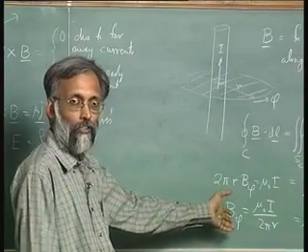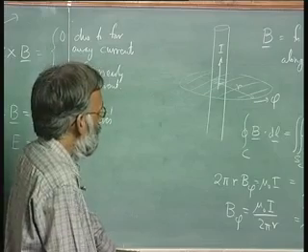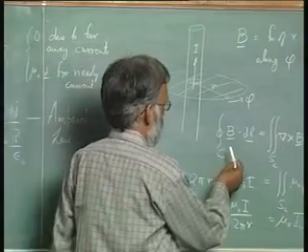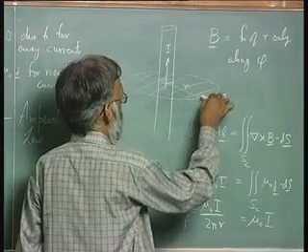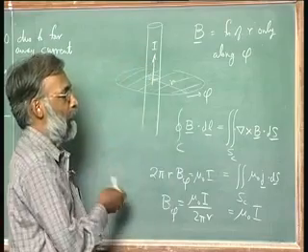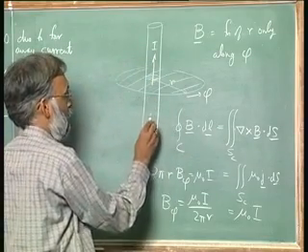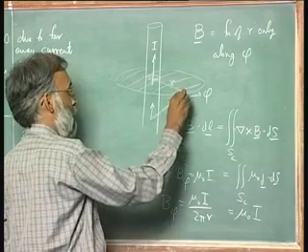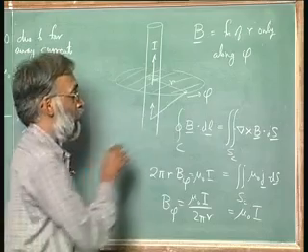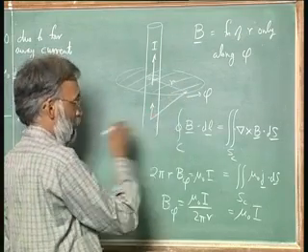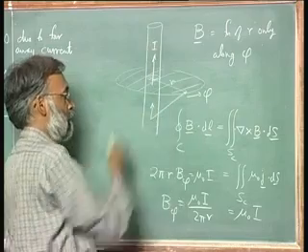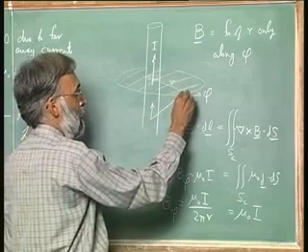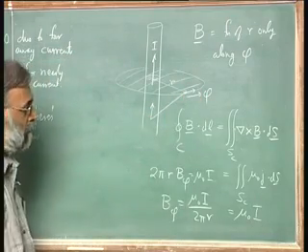I am sure you have done it in your electricity and magnetism, but let us see what we did to get there. First, we said the magnetic field is symmetric in phi. Secondly, we said because the current is in the z direction, the line connecting the point and the wire is in the RZ plane. Therefore, J cross R must be in the phi direction.